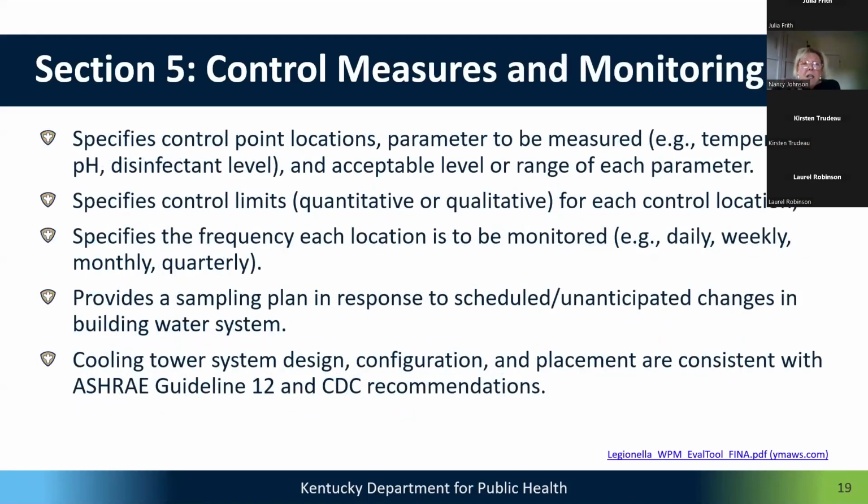Section 5, again, you need to have specific control point locations. What is the parameter you're going to measure there? Are you going to measure the temperature, the pH, the disinfectant level, and what's that acceptable level or range? What are your control limits? How often is it going to be monitored?